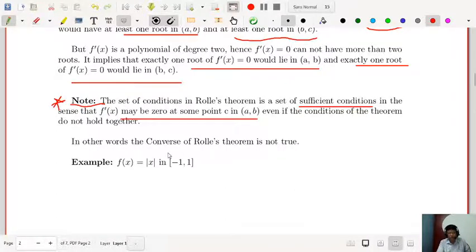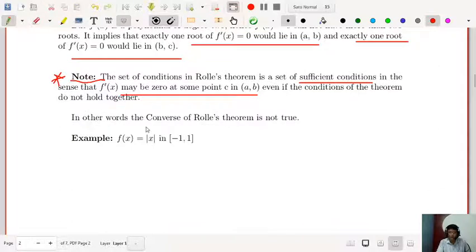So the conditions of the theorem are not necessary, but they are sufficient conditions. So we can say in other words that the converse of Rolle's theorem is not true. That is, if f'(x) is equal to 0, are all the conditions satisfied? No, never. It cannot be. f'(x) may be 0, but all the conditions are not satisfied.